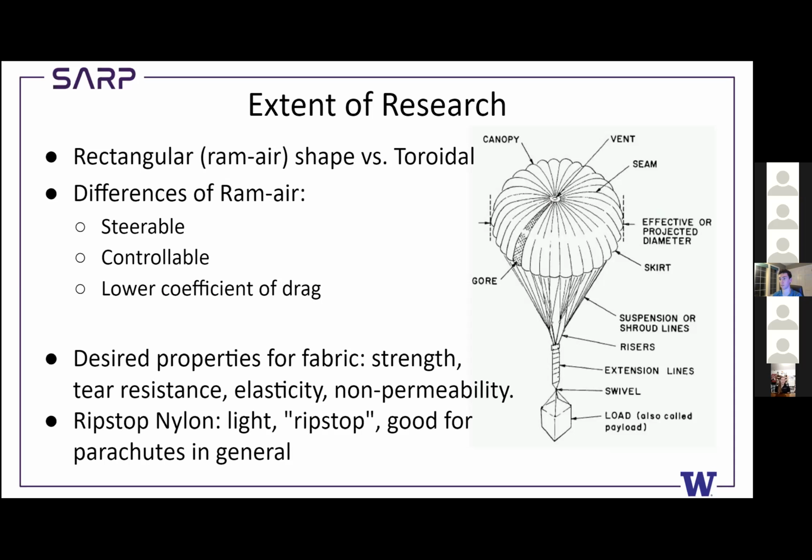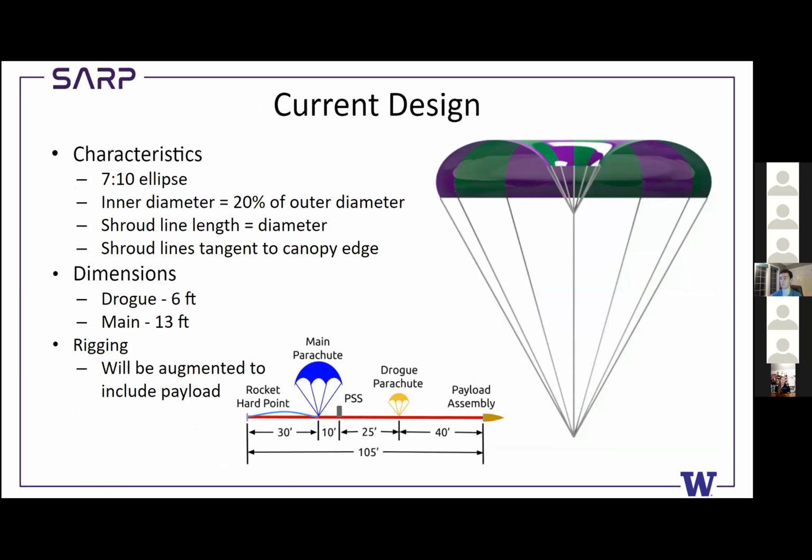Some properties of fabric that are important in this application are strength, tear resistance, elasticity, and non-permeability. Ripstop nylon is light and it stops rips, as the name would suggest, and is generally a very popular choice for parachutes.